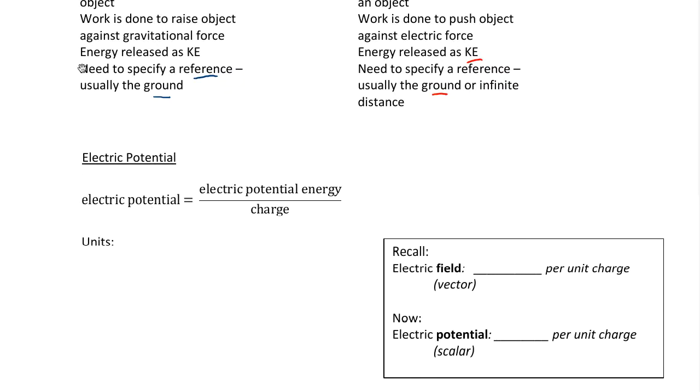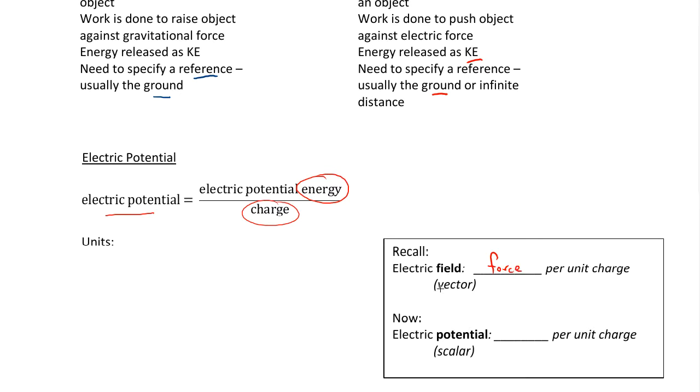Electric potential is the per capita electric potential energy. Just like with the electric field, we took the force and divided by the amount of charge. When we take the electric potential energy and divide by the charge, we get this new quantity called the electric potential. And this new idea of electric potential is going to be really useful when we talk about circuits. So remember again that the electric field was defined as the electric force per unit charge.